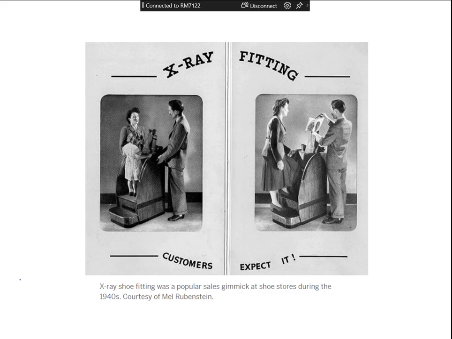Yes, and think about the film compared to how it is now, and how much ionizing energy they were exposed to. This was right when the technology was just coming in. You'd step up here and it would take an X-ray of your feet, and they could say, oh look, here are your shoes and here are the bones of your feet, so your shoes fit.